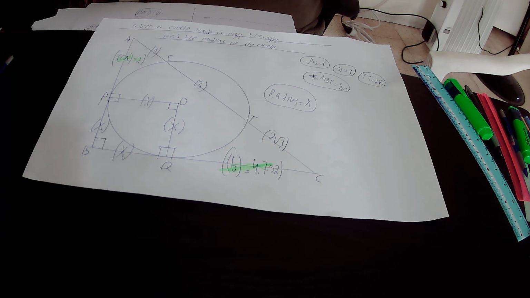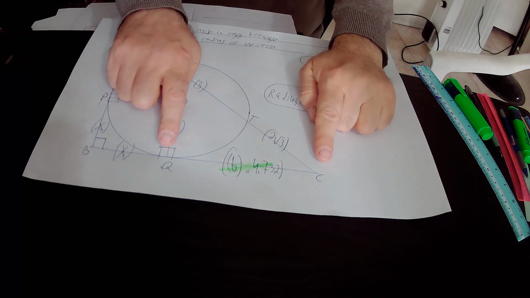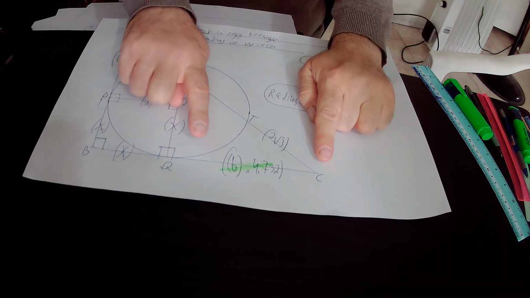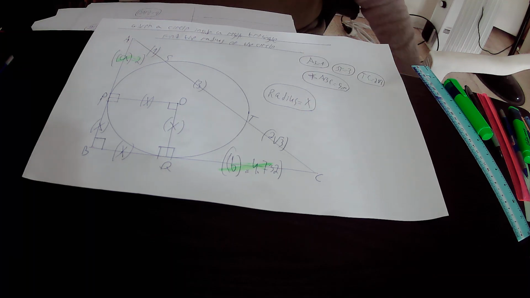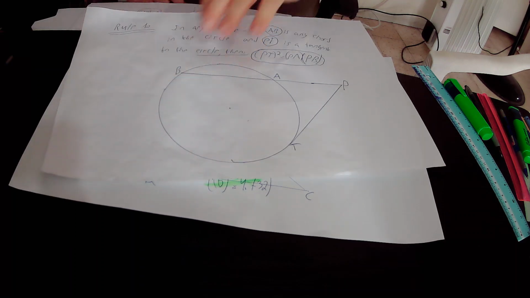In the next step, we define this line segment AP as a, and we define this line segment QC as b. Here we implement rule 10. Let me repeat rule 10 again quickly.